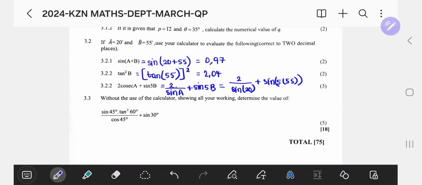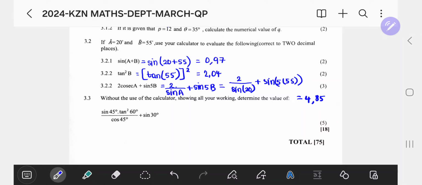So when you open up a bracket, within your bracket, you're going to say 5 times 55 and close the bracket. Once you put that on your calculator, you should get 4.85. Okay, so we can see that a bit better now.